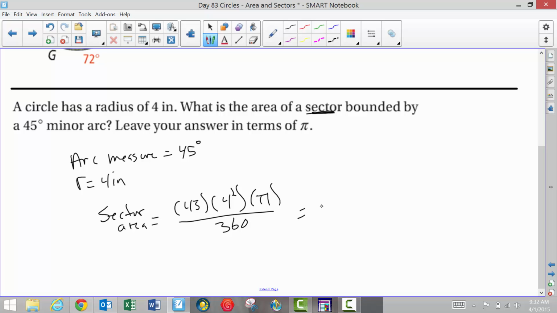So 45 times 16, because 4 squared is 16, is 720 pi over 360, which is going to be 2 pi inches squared.